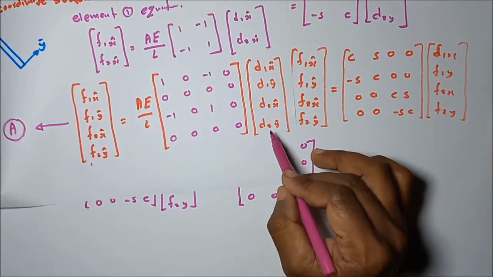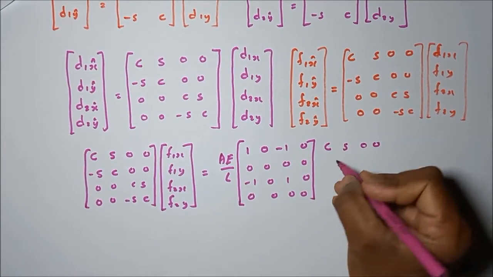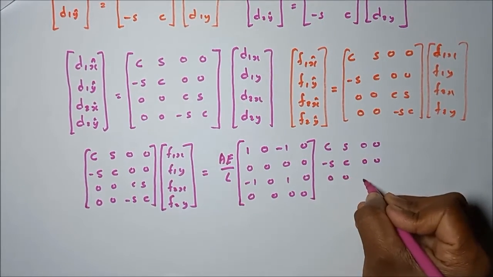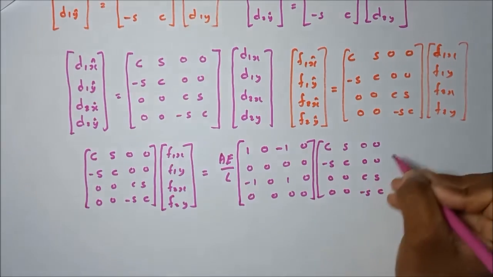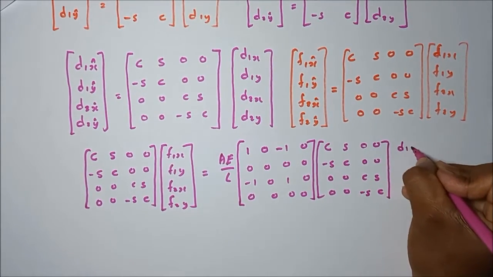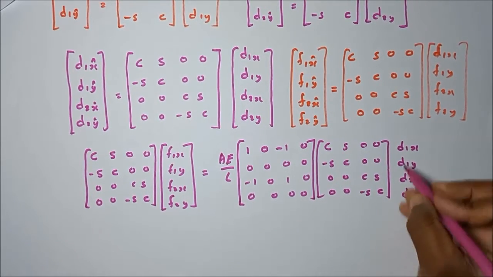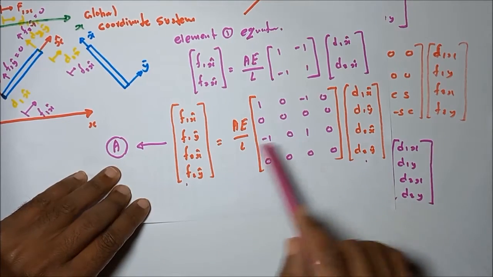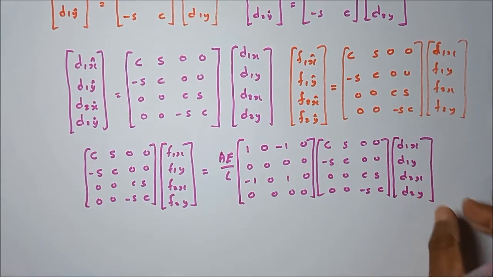Then instead of this one, I'm going to put the multiplication of these two, that means CS00, minus SC00, 00CS, 00 minus SC, times d1x, d1y, d2x, d2y. Finally we have this equation. This means equation A has been rearranged by inserting these multiplications.